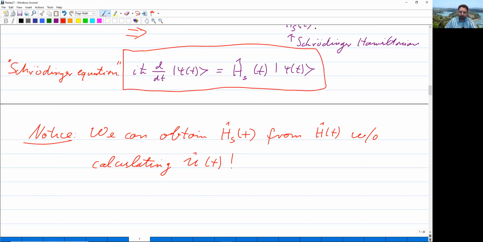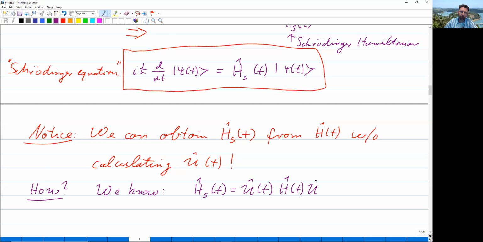Let's see how that works. Well, first, we know the relationship between the Schrödinger Hamiltonian and the original Hamiltonian. We know that the Schrödinger Hamiltonian is given by u hat of t, H hat of t, u hat dagger of t. This is what we have to work with.